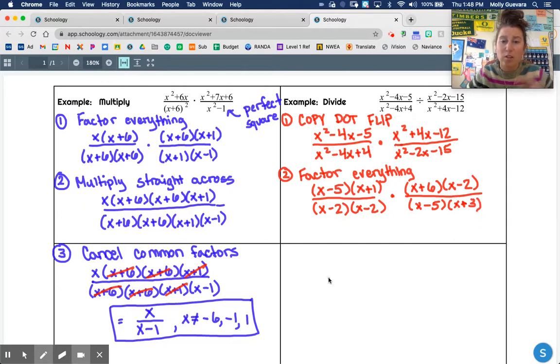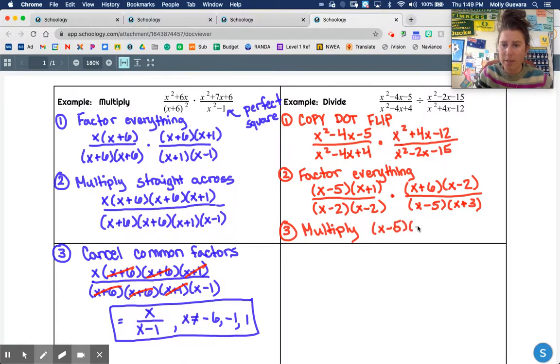All right, so there I have factored every single one of these polynomials. So then my next step, same thing as over here, is to multiply straight across. Again, when you're doing these yourselves, you can condense these steps into one, so you don't have to keep rewriting this over and over. However, I am going to, because for the sake of notes, I like having everything written out.